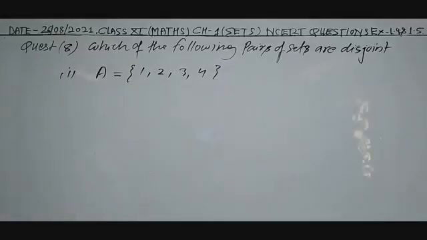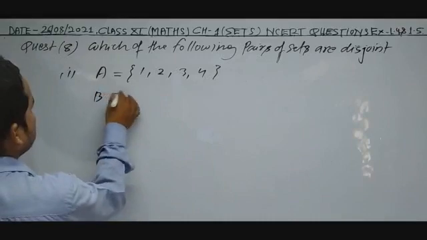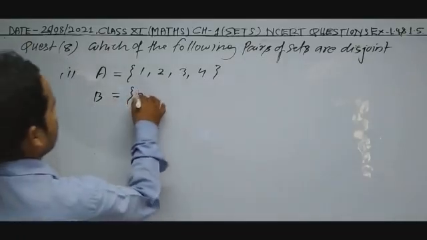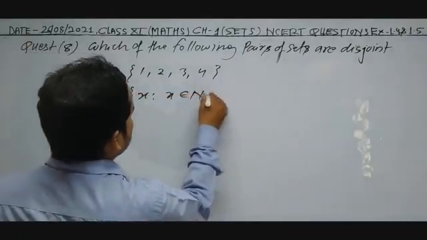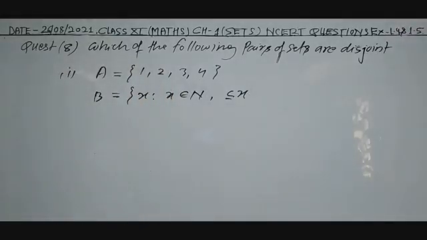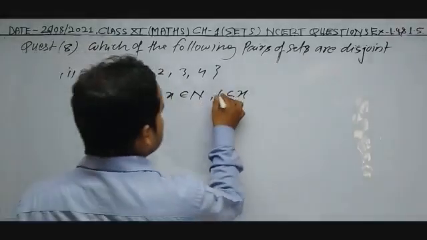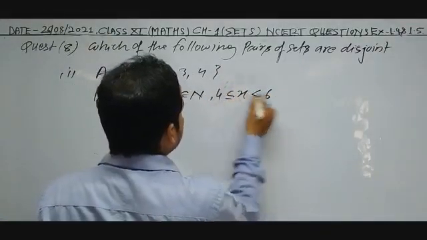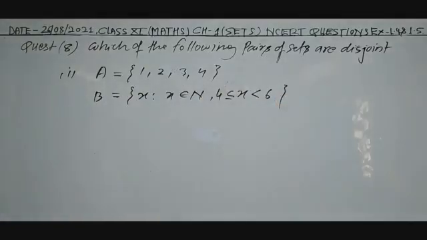And capital B is x such that x belongs to natural number, x is greater than or equal to 4 and less than 6. Now we have to check whether these sets are disjoint or not.